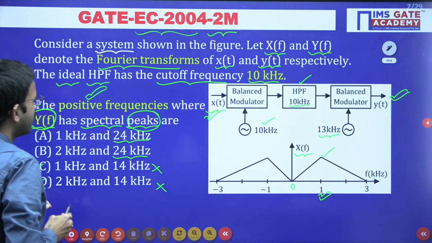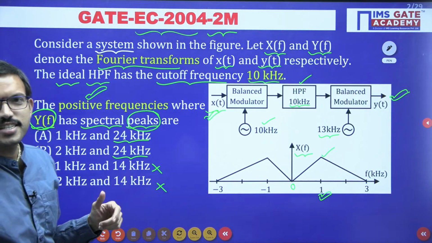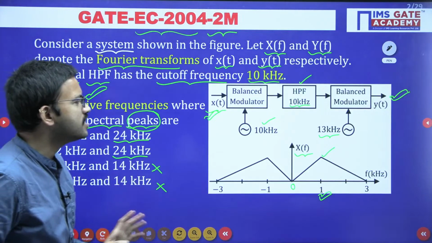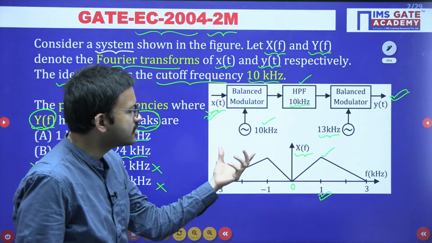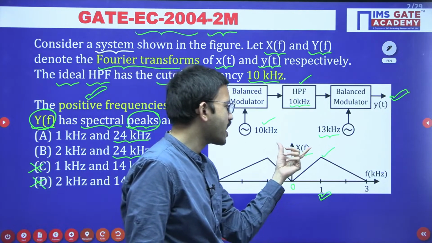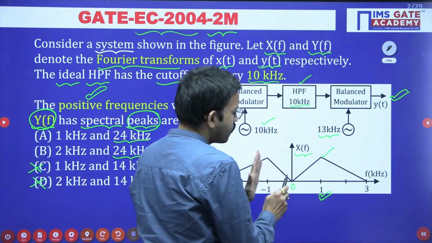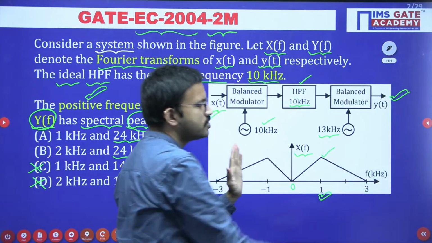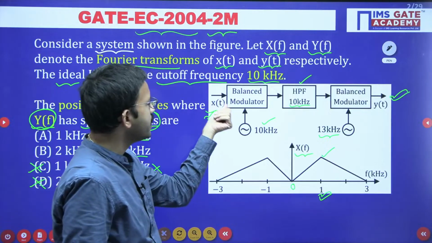Now some of you might have chosen option A as the correct one, but that is not correct. The reason is very simple. Just observe the original waveform. Regarding x of t, the corresponding frequency spectrum is x of f, right? If you carefully observe, from 0 to 3 kilohertz you have the frequency spectrum of the x of t signal.